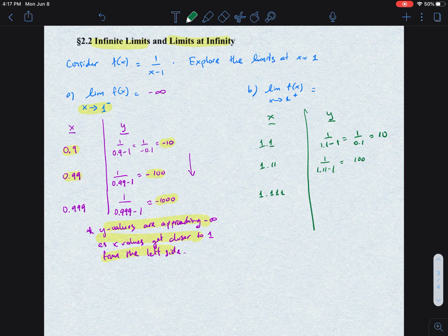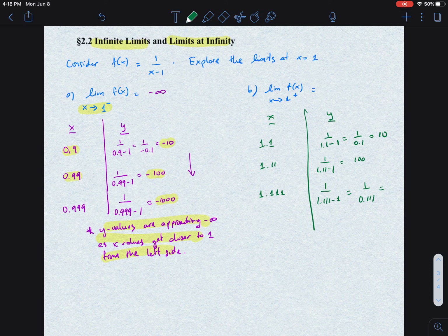Let's see here. I think I got this wrong.